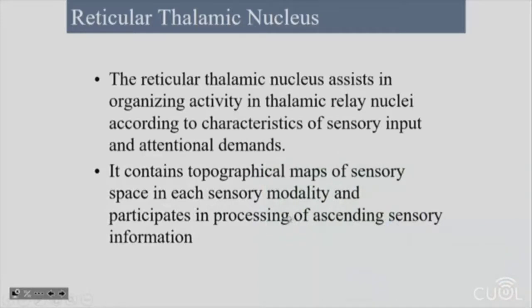Okay, so this isn't really that important, but it's interesting, and it's not critical for your understanding: it contains a topographical map of each sensory modality. That's the important part. I'm talking mostly about vision because we're talking about visual hallucinations, but it happens in the auditory world as well. And this actually has a lot to do with schizophrenia.